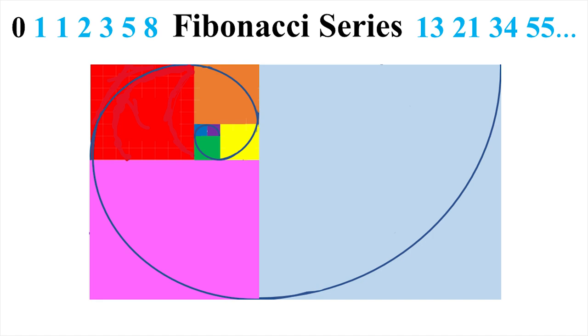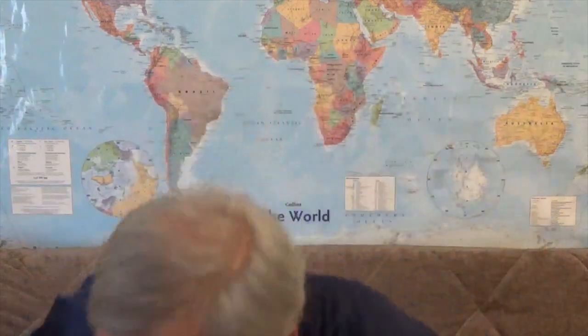This is called the growth spiral. Okay? You can see things in life that follow this growth spiral. I'll tell you what, let's take a little road trip to my wonder room and I'll show you a few examples. Come on.